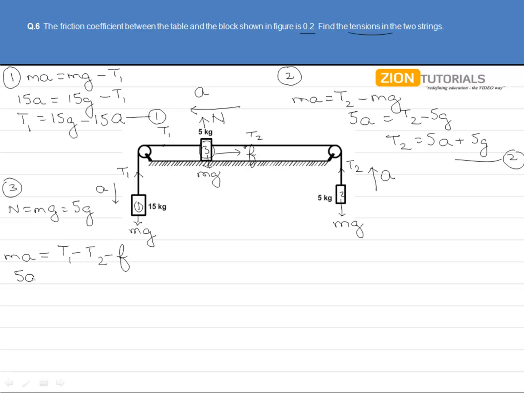So I can write it as 5a equals to T1 minus T2 minus 0.2 into 5g. Let us mark it as equation number 3.